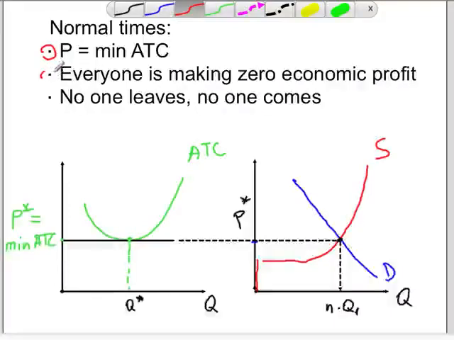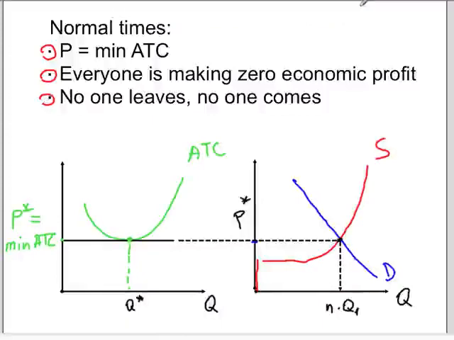And as I already said, that's a situation where market price is equal to minimum average total cost of a representative company. Everyone is making zero economic profit, and no one is interested in leaving, and no one is interested in entering this industry.